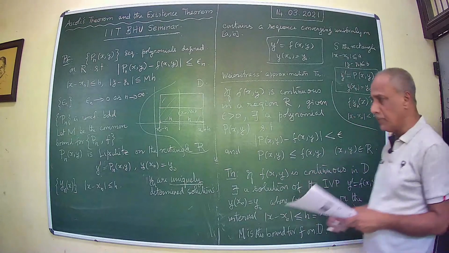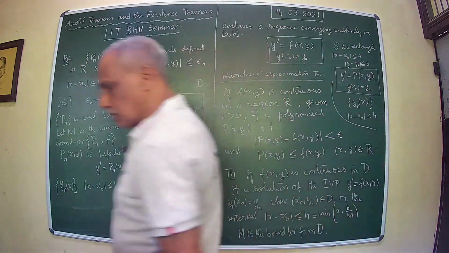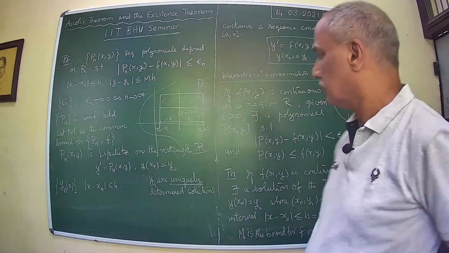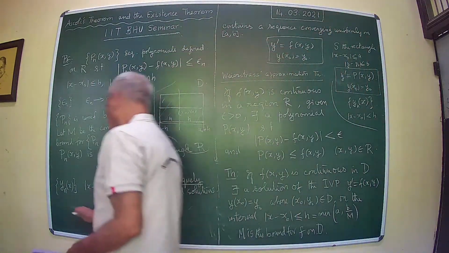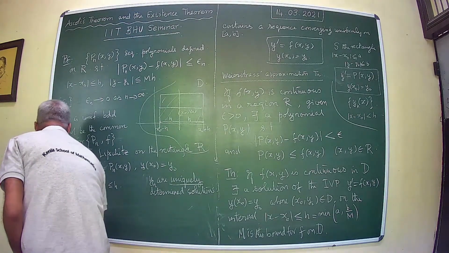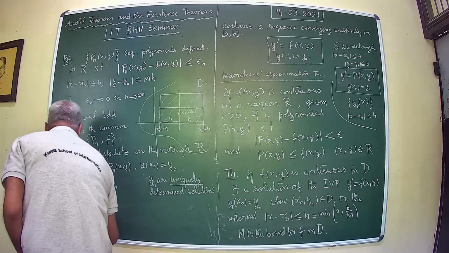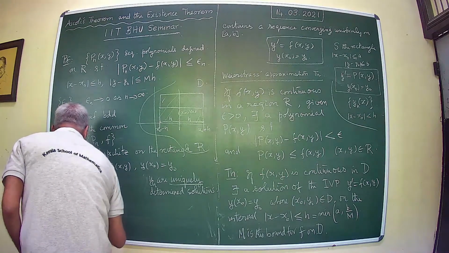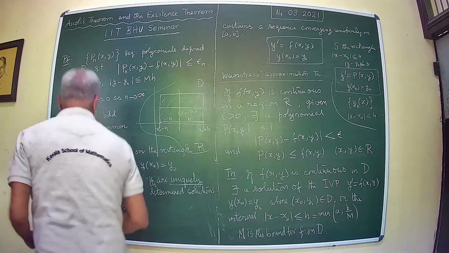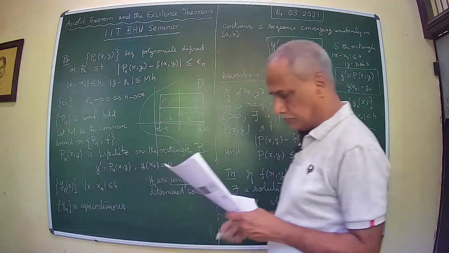Now what we prove is that the sequence of functions yn is equicontinuous. They are uniformly bounded by R. There is no problem.